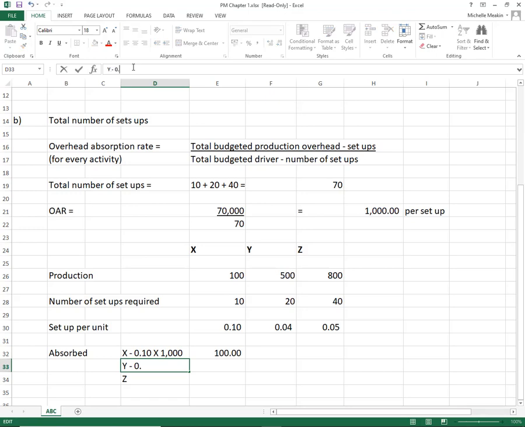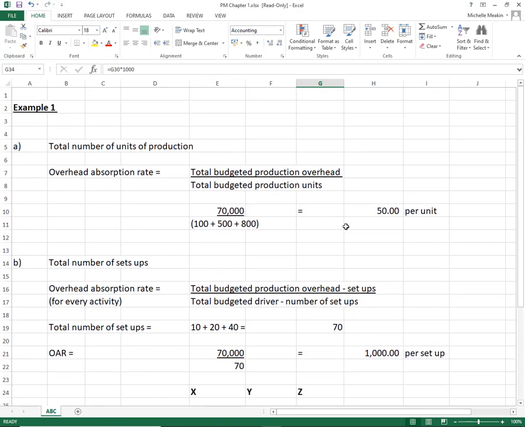Y, we will take 0.04 and again apply it to that cost per unit of 1,000. £40. And then finally Z, 0.05 times cost per unit of 1,000. 50. As you can see, if you use the traditional method, it doesn't matter what unit of product we are producing, you would include 50 for every product.